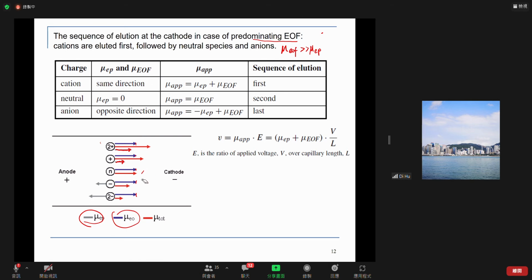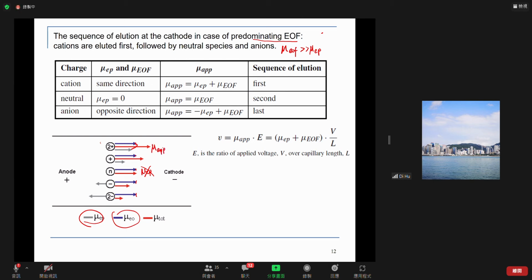For the negative ions, the more highly charged one has a stronger mu EP toward the opposite side, and the smaller one is smaller. If we add the blue one and the gray one together, we see the largest mu apparent for the 2 plus.